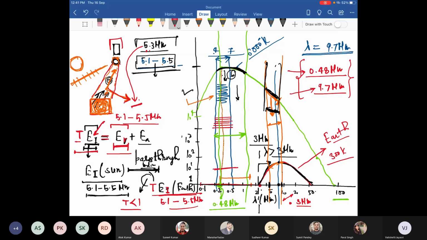Got it? So again, let me conclude. Still, some part is left. The radiated component will again be in the same range, just see on this 2D diagram, 5.1 to 5.5 micrometer.